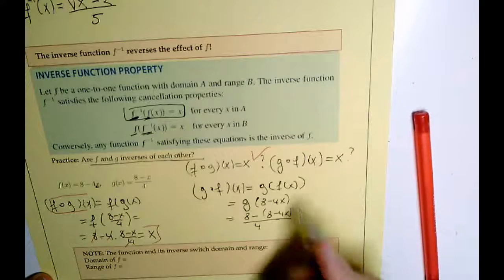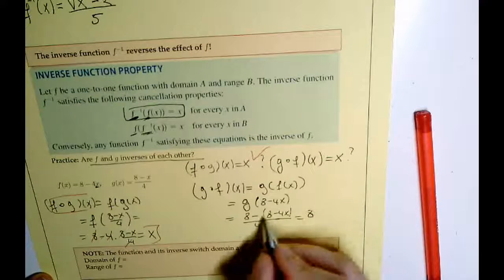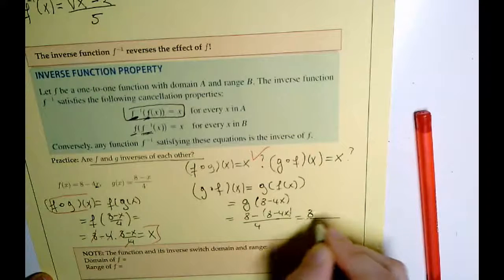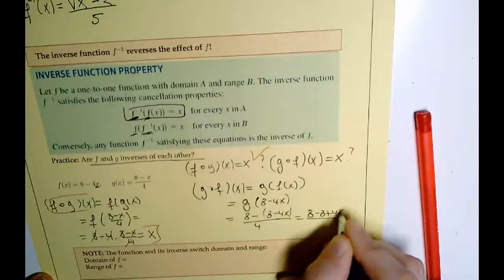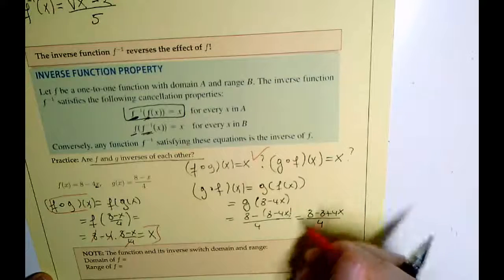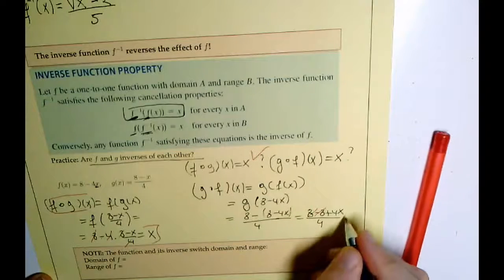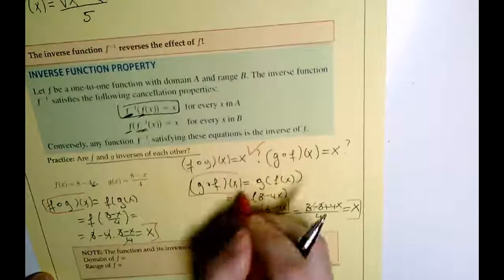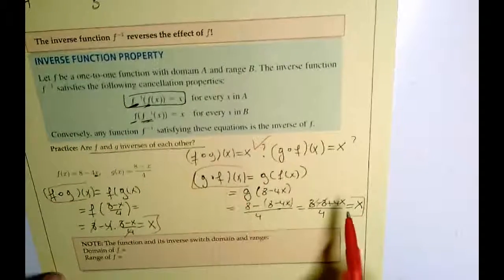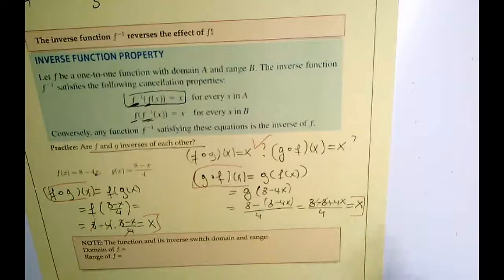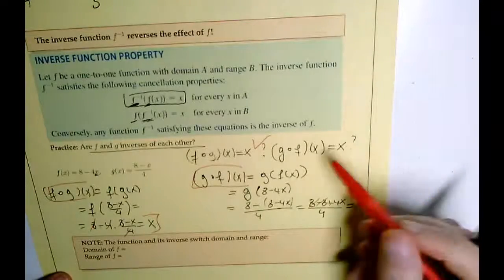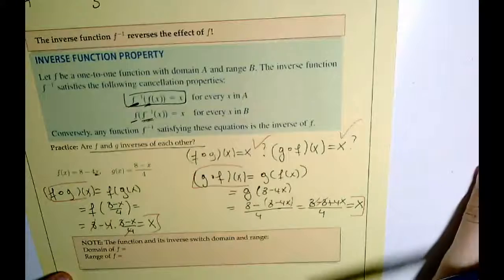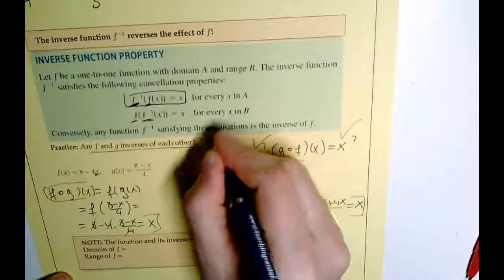So this is going to be 8, distributing the negative is going to be minus 8 plus 4x over 4. And what's 4x divided by 4? This is x. So g composed with f of x is also x. There you go. That means that, yes, f and g are inverses of each other.